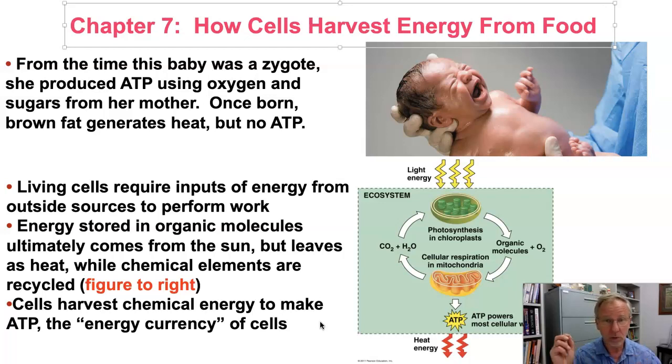Or moving a vesicle in a eukaryotic cell as part of the endomembrane system. That requires energy. Virtually everything that a cell does requires energy, and ATP is the molecule that provides that energy for cell activity. So again, this chapter is how we make this ATP using energy from our food.